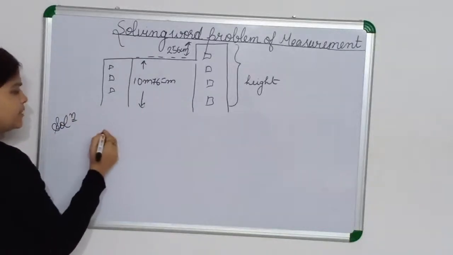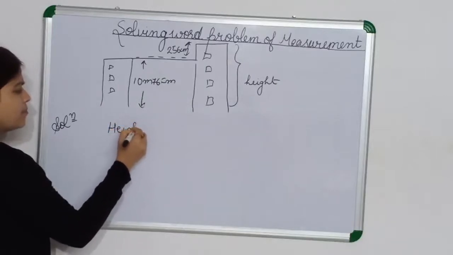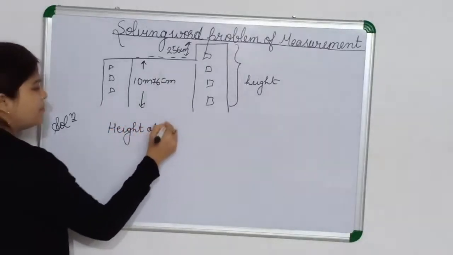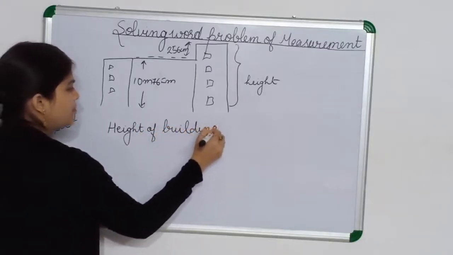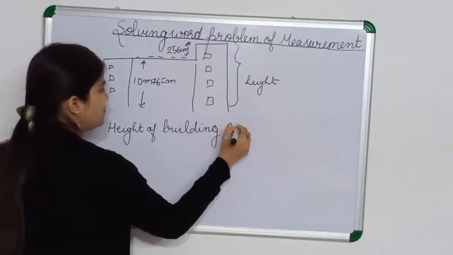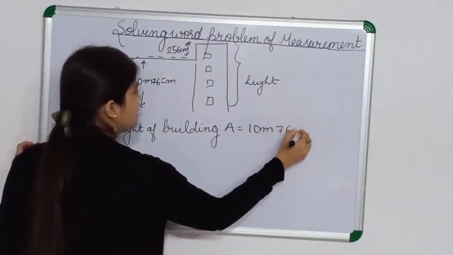What is given? The height of building A is given, 10 meter 76 centimeter.